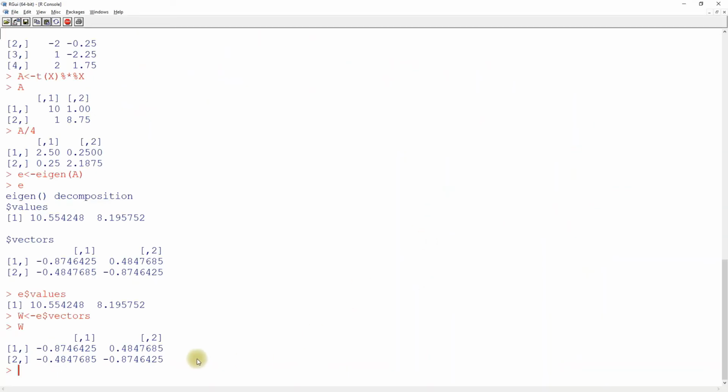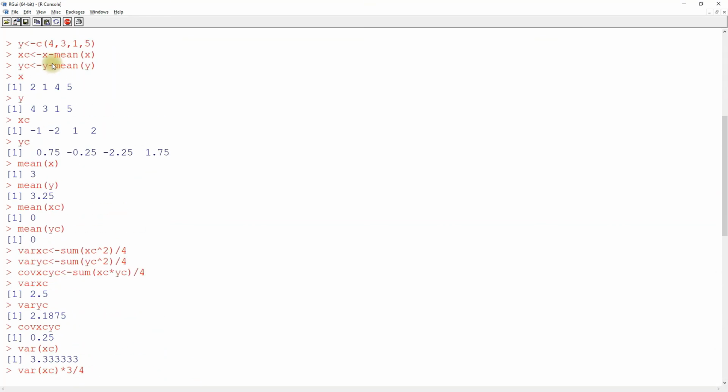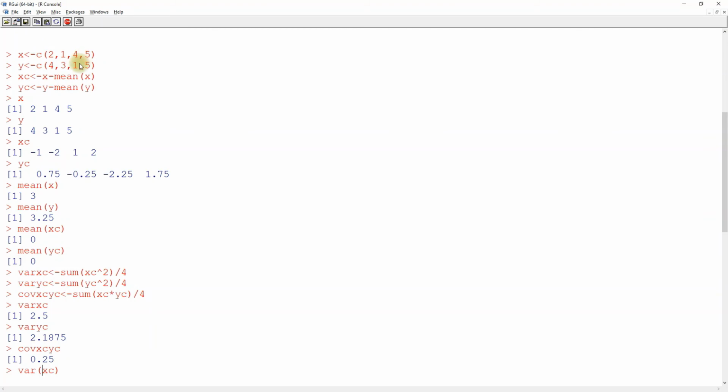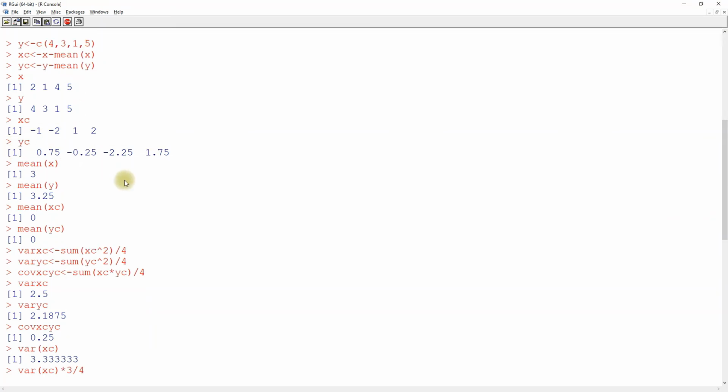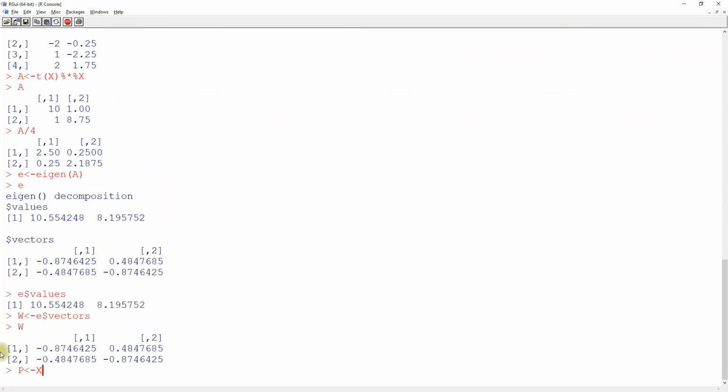Let's try this. We're going to call it P to be consistent here. Matrix P is equal to the matrix X. Remember that X is not the original data with 2, 1, 4, but it is the mean data, the centered data, negative 1, 2, 1, 2, etc. Just bear that in mind.